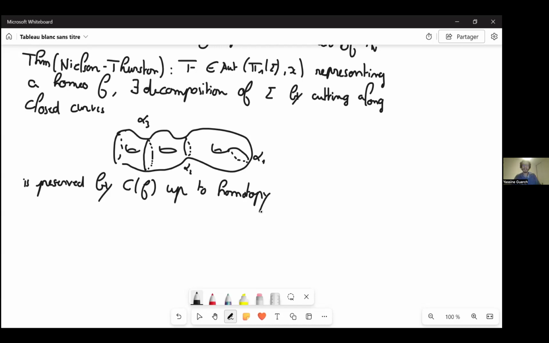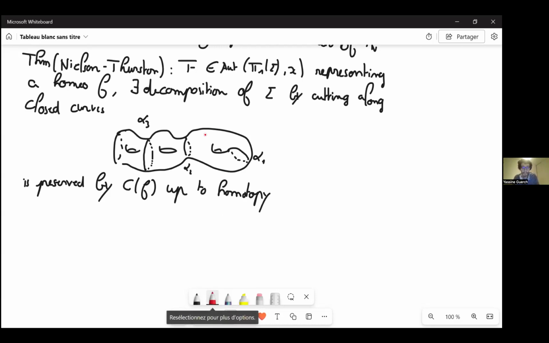So meaning that any homeomorphism in the centralizer of F preserves the homotopy class of all the subsurfaces that you obtain by cutting sigma along the alpha i's.